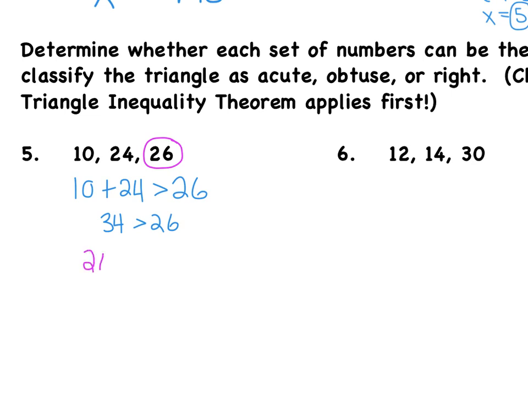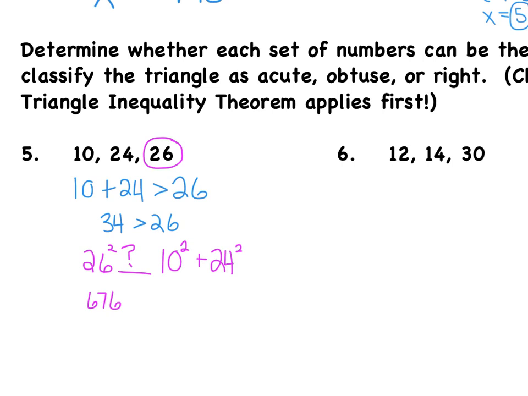So I'm going to take 26, and I like to put this little blank with a question mark. I square 26, and I'm going to see what relationship it has to 10 squared plus 24 squared. 26 squared is equal to 676. If you have a graphing calculator, if you can't find the squared button, it's kind of diagonal to the top left of the 7 button.